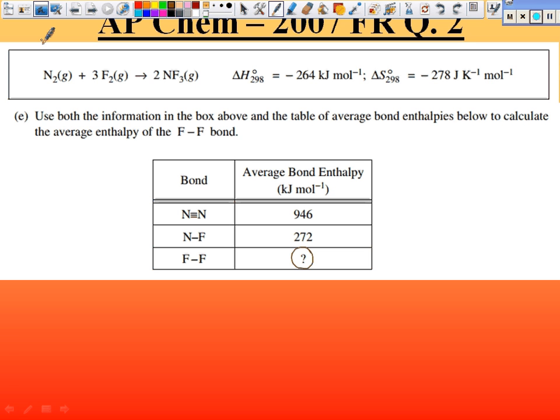Because what do we know about fluorine? It's the most electronegative, right? Which means it's going to pull that nitrogen a little bit closer, which means it's a lot stronger of a bond. But there's something special about triple bonds in comparison to single bonds, other than strength.